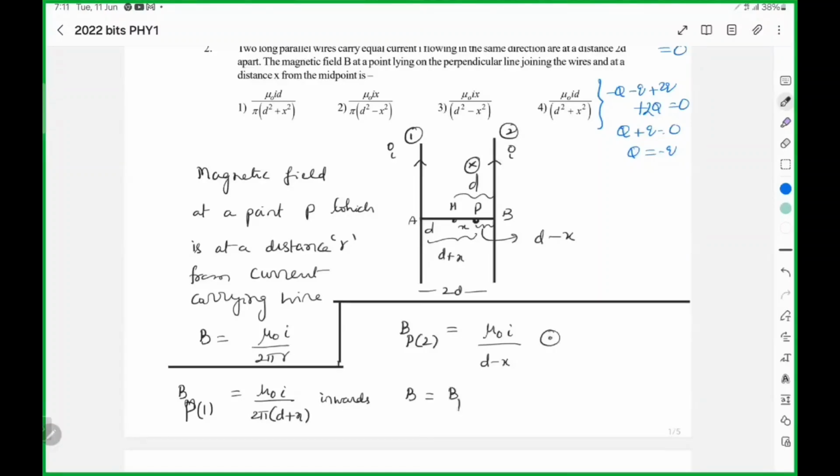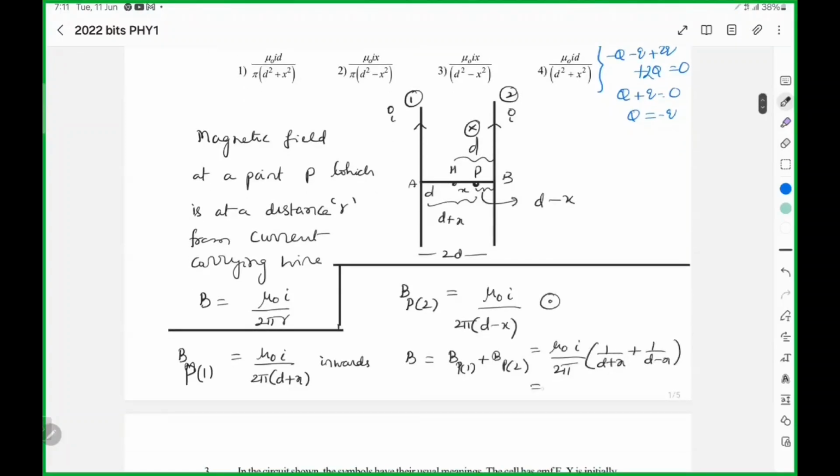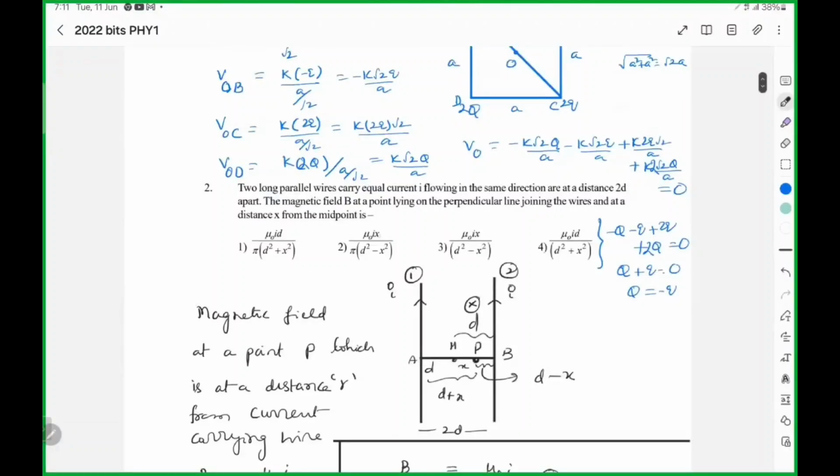The net magnetic field at point P is mu naught I by 2 pi into 1 by d plus x plus 1 by d minus x. After simplification, you get mu naught I d by pi into d square minus x square. It is not d square, it is d. So second option.